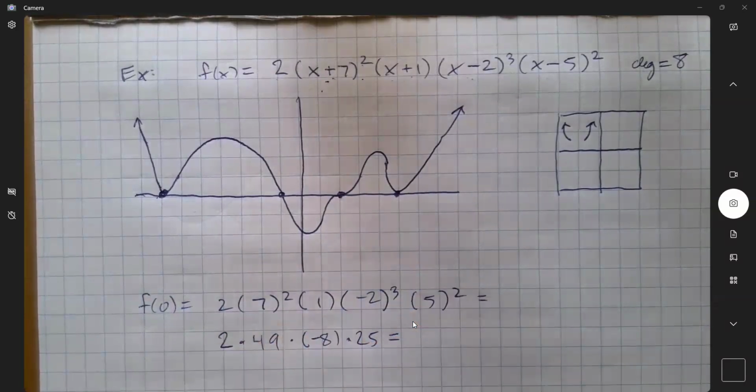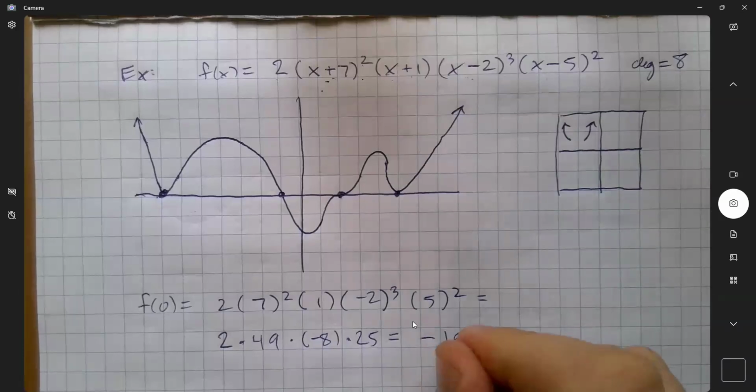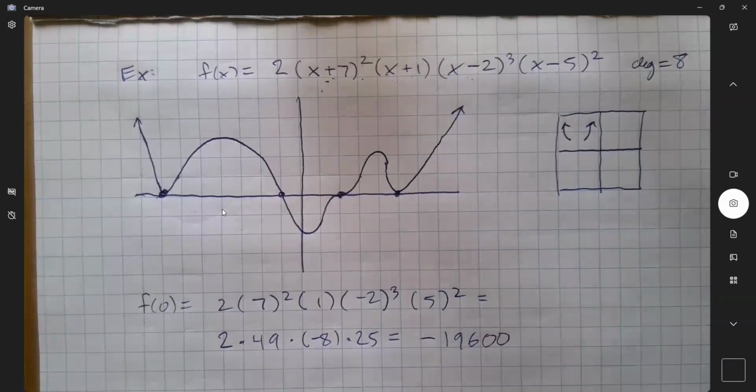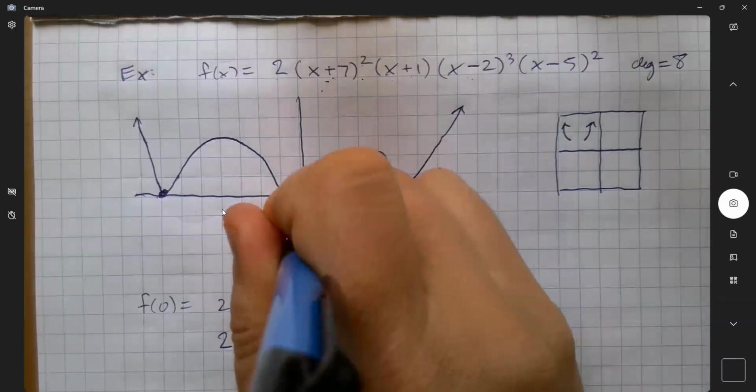And that all equals, I'm going to switch over to Desmos here just to do the multiplication really quick. 2 times 49 times -8 times 25. Negative 19,600. Well, it's negative, so that's good.